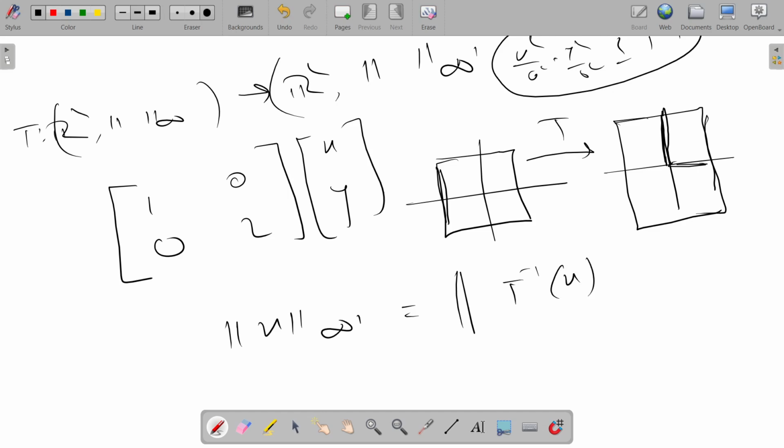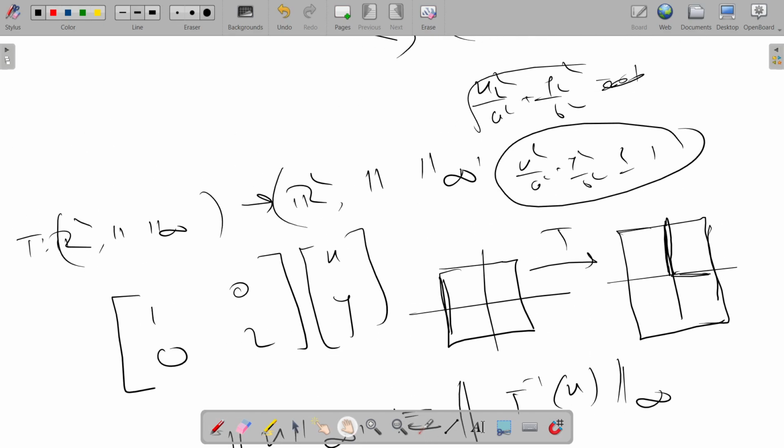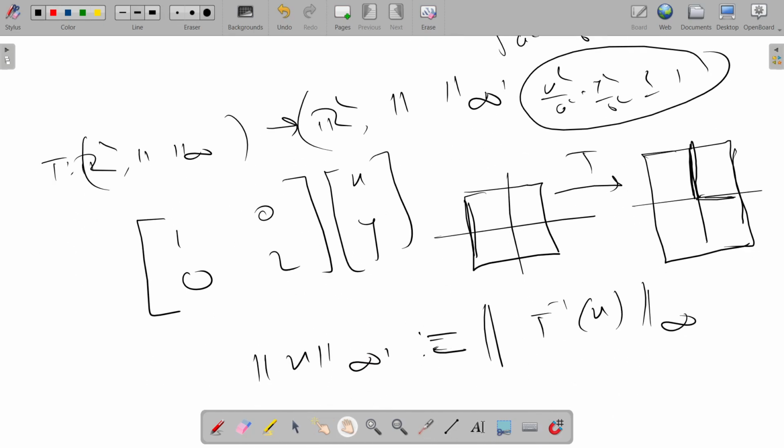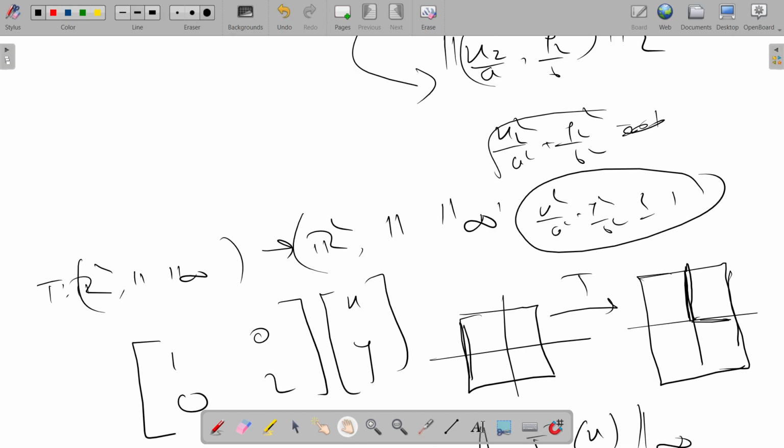So in this norm, our square will look like a rectangle. So we are defining a new norm with the help of a previous norm, using a bijective linear transformation or isometry, so that we are able to make the square into a rectangle.